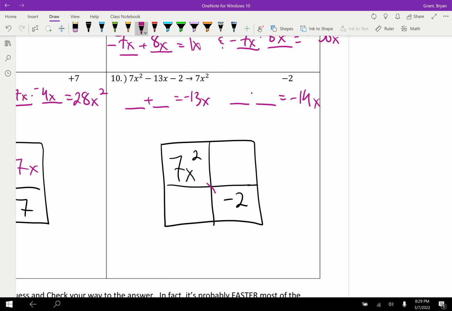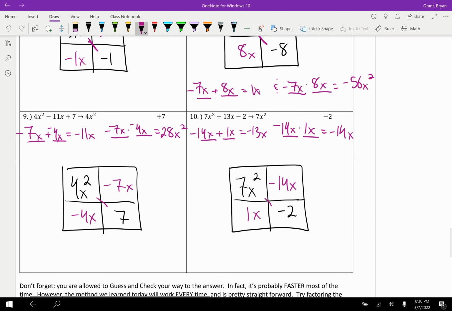So instead, I think we have to fall back on everyone's favorite, 1. 14x and 1x. 14 times 1 is 14, and I think we can combine them to make negative 13. The answer is negative, so make the bigger number negative, and we're good. Negative 14x and 1x. This is the main point of today, finding those two terms.